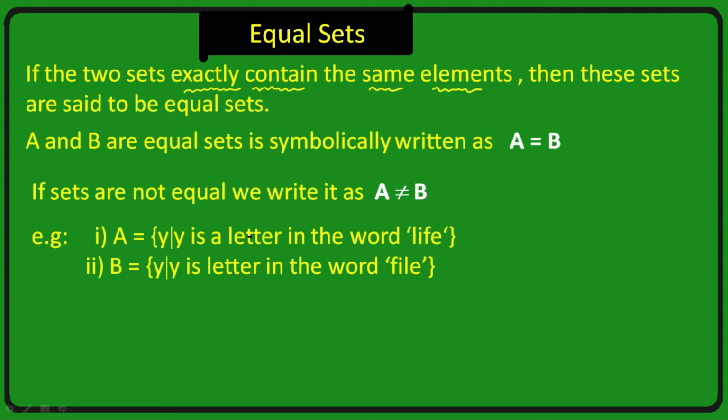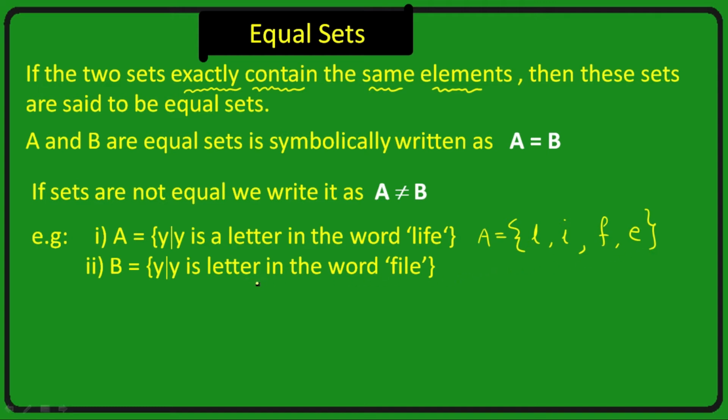This is called the set given in the rule method, so let us convert it by using the list method. The elements of the set A are the letters from the word life: L, I, F, and E. So in this set there are 4 elements: 1, 2, 3, and 4.